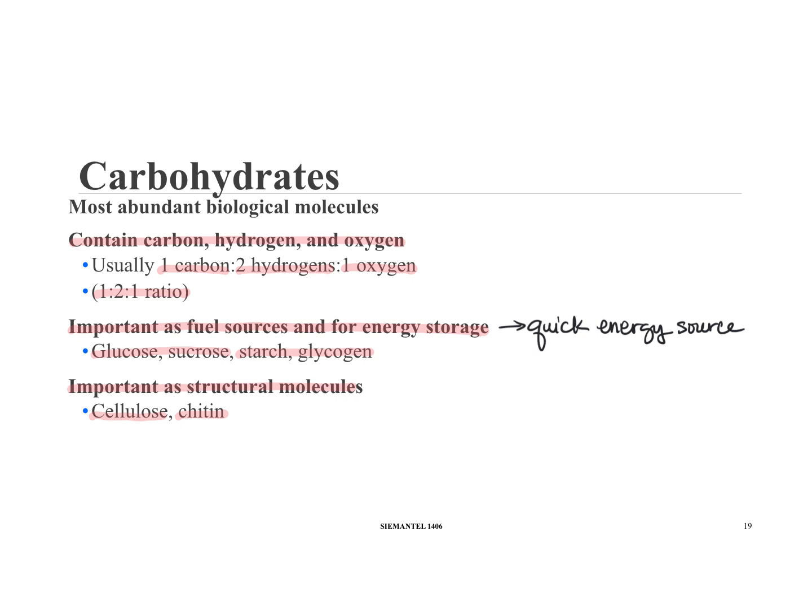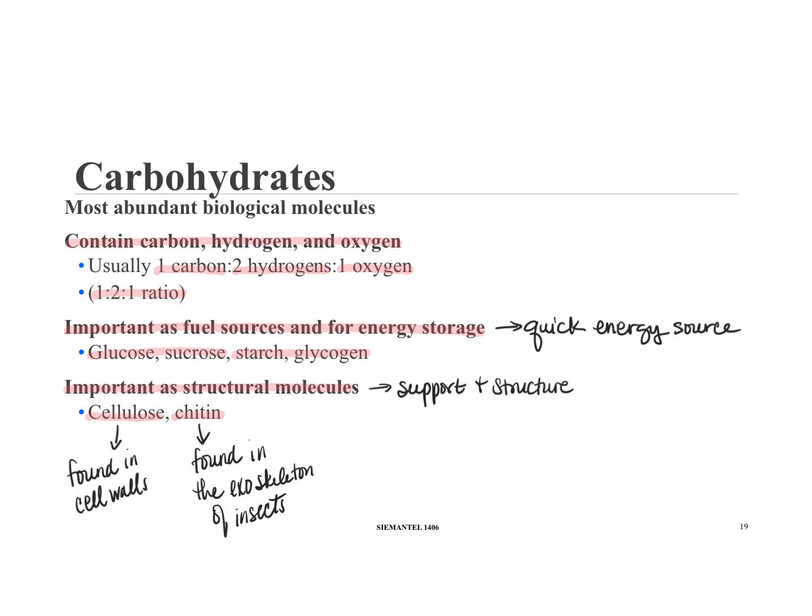Cellulose is found in the cell walls of plants and helps to give that plant cell its very typical rectangular structure, helps to hold it up. And chitin is found in the exoskeleton of arthropods. So think spiders or even crabs. If you step on them, they make a crunch noise. That's where that sound is coming from. It's from the chitin in their exoskeletons.